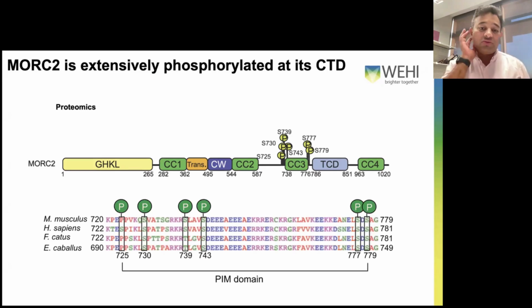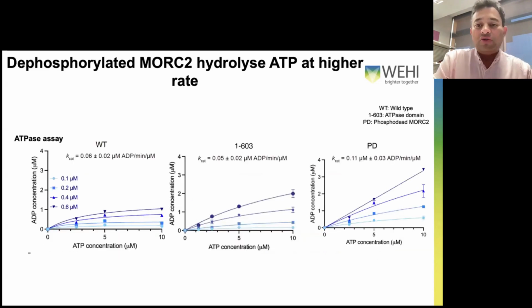And these phosphorylation sites are actually very well conserved, and we have now coined the term PIM domain for this particular region of MORC2. And interestingly, MORC2 comes phosphorylated from the insect cells, so we don't really have to give it any extra kinases or anything in order to cause phosphorylation, which is quite interesting. So we wanted to probe what happens to MORC2 when it's phosphorylated.